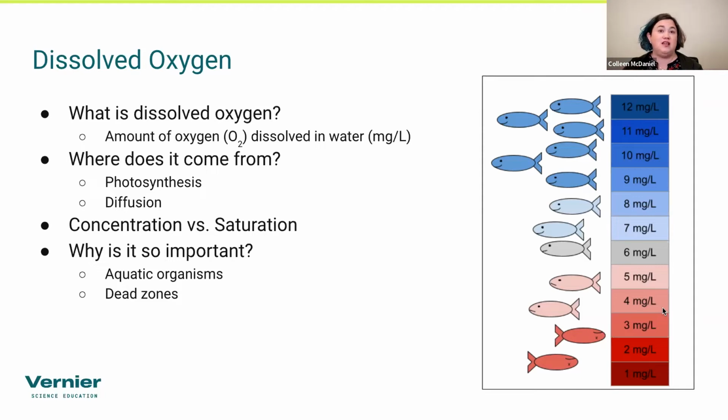So we're starting to see these large dead zones happening because the amount of nutrients coming in is causing bacteria to increase and other organisms that are really fast decomposers that are actually taking oxygen out of the water, so nothing can actually survive in these areas. So understanding how the oxygen gets in the water and the process of it is some really important concepts.